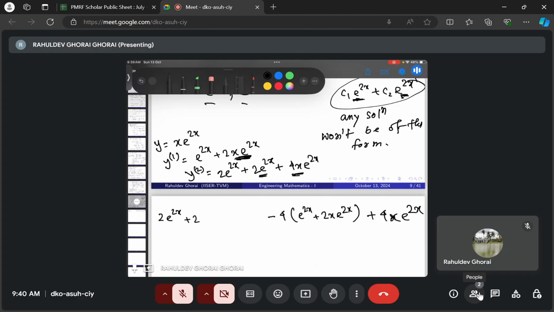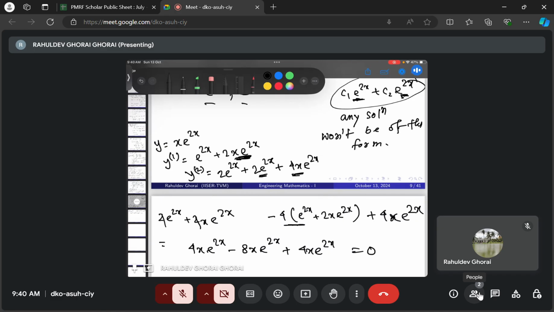The value of y2 will be 4 e to the power 2x plus 4x e to the power 2x, right? See, the 4 e to the power 2x and the other 4 e to the power 2x will cancel, and then we have 4x e to the power 2x minus 8x e to the power 2x plus 4x e to the power 2x. So that is equal to 0.